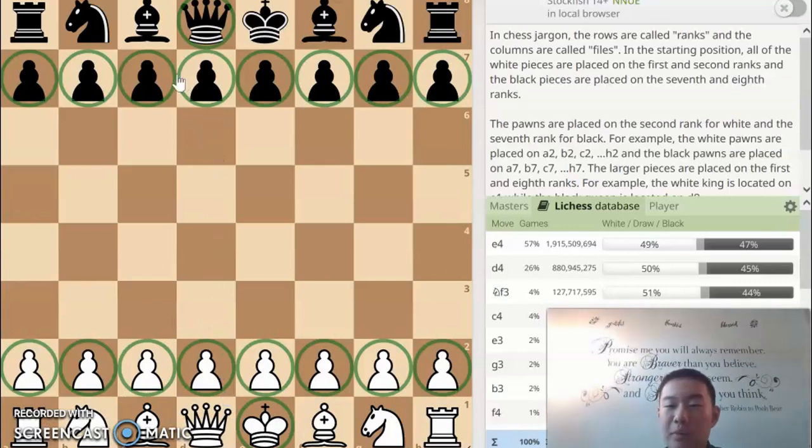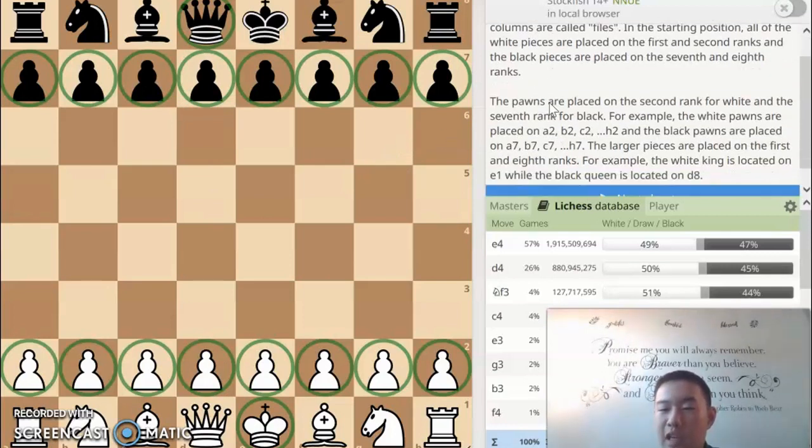And all the black pieces are placed on the 7th and 8th ranks. The pawns are placed on the second rank for white and the 7th rank for black. For example, the white pawns are placed on A2, B2, C2, and all the way to H2. And the black pawns are placed on A7, B7, C7, and all the way to H7.